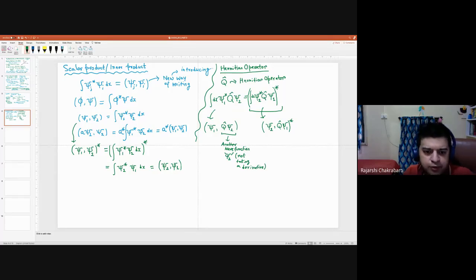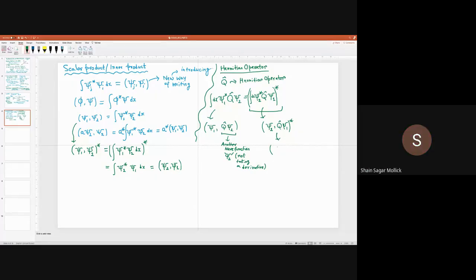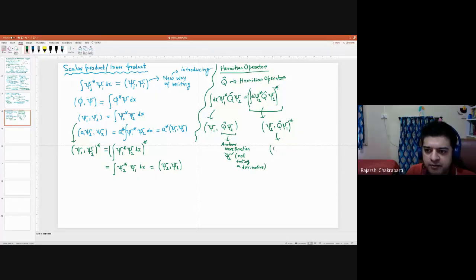And then I can use this property. This one I can further write in a slightly different way. If I use this property, that psi1 comma psi2 whole star equals psi2 comma psi1, then basically you have Q operating on psi1 comma psi2.